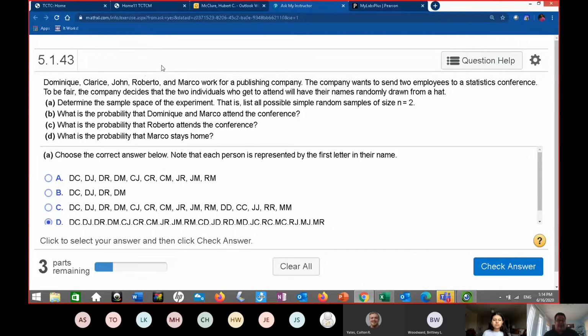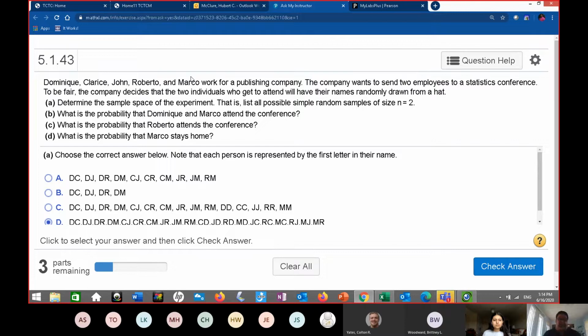If you got 2 plane tickets going to the beach, and one's for Dominic and one's for Marco, it doesn't matter if they switch the tickets, does it? Dominique and Marco is the same as Marco and Dominique.